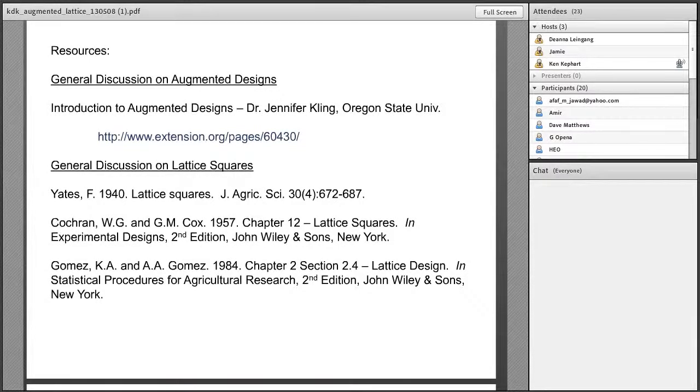There are some things that I'm not going to discuss today because I think they've been handled very well by other sources. In the introduction to augmented designs by Dr. Jennifer Kling, that's a presentation that she did earlier in the year and does a good job of providing some background information on augmented designs, how they're implemented, the characteristics of them, and basically why we are attracted to these designs.